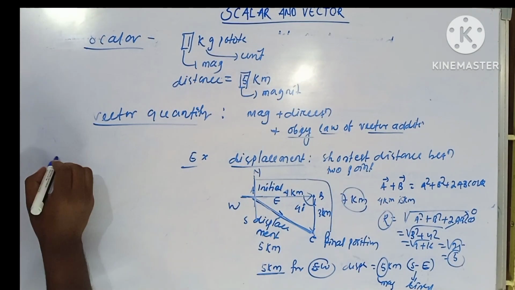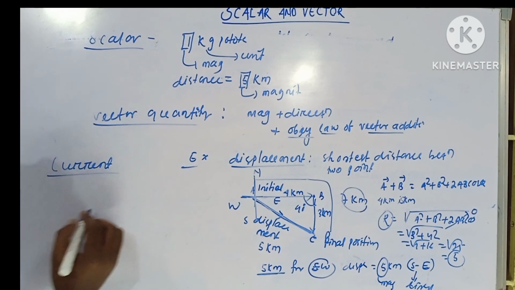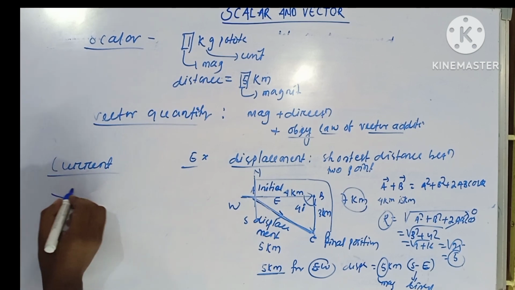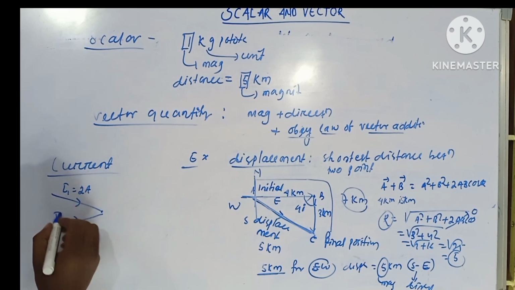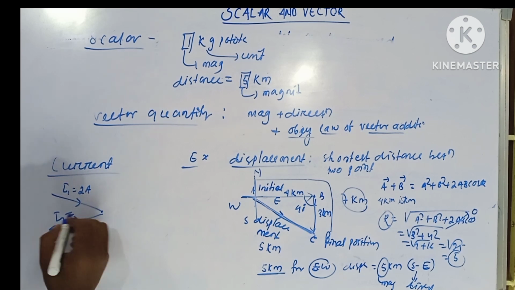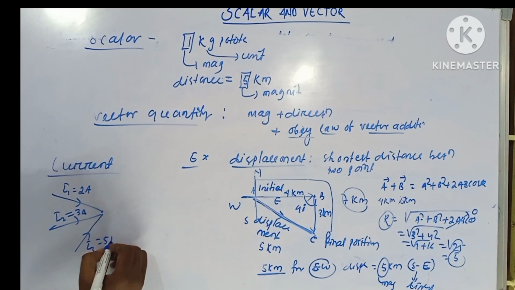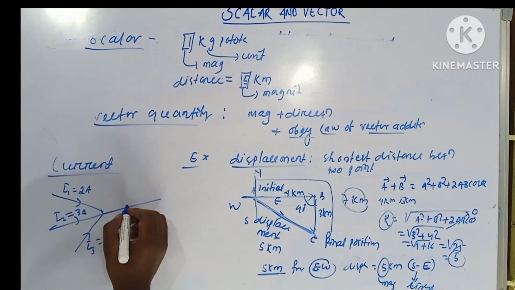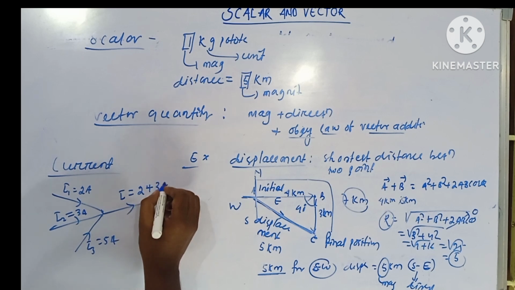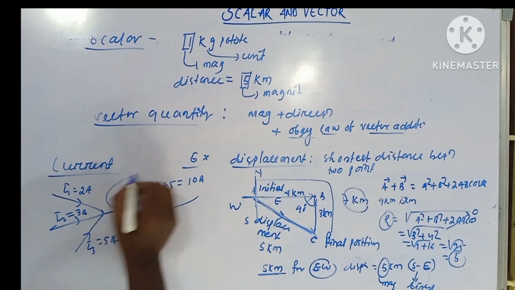But there is some quantity, let's see the current. Suppose there is a node with input current I1 equal to 2 ampere, second current I2 equal to 3 ampere, and third current I3 equal to 5 ampere, and they are connected to a single wire, which gives the current I equal to 2 plus 3 plus 5, that is 10 ampere.